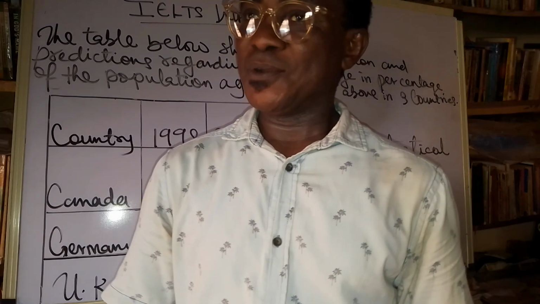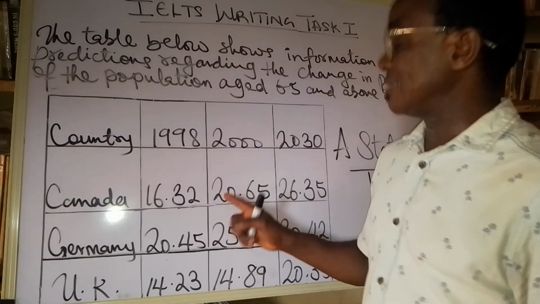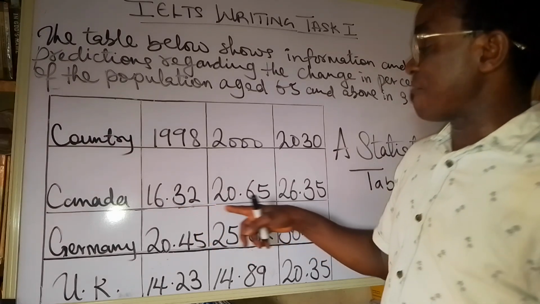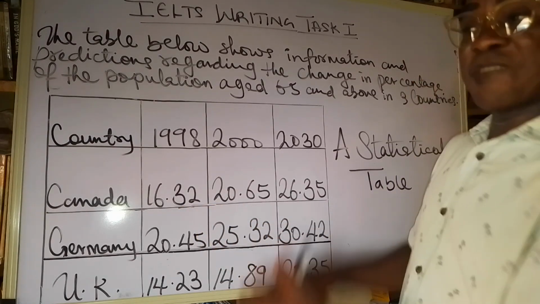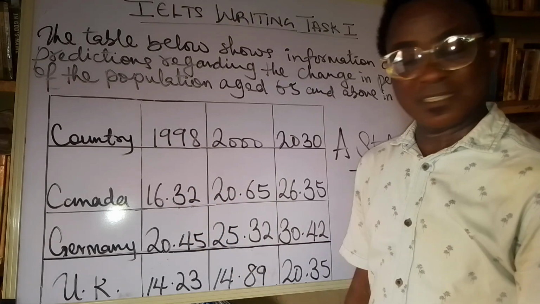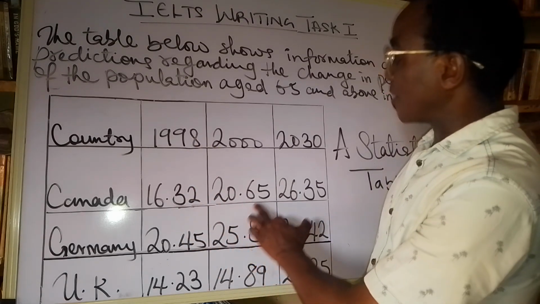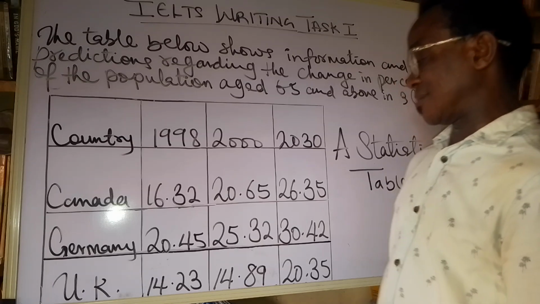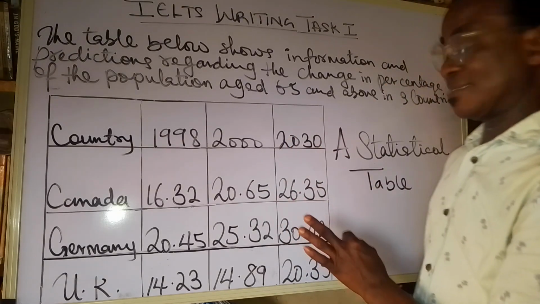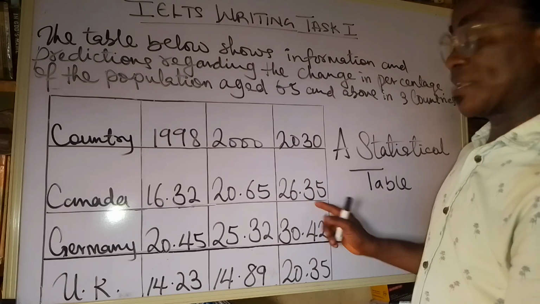Germany was closely followed by Canada, which also recorded a roughly 5% increase from 16.32% in 1998 to 20.65% in the year 2000, with an estimated 5.5% increase in the year 2030.